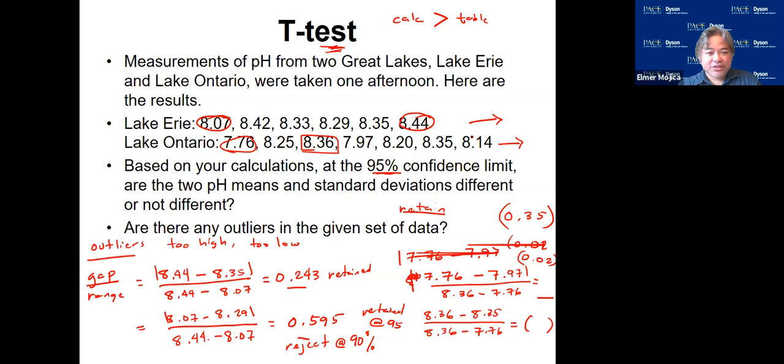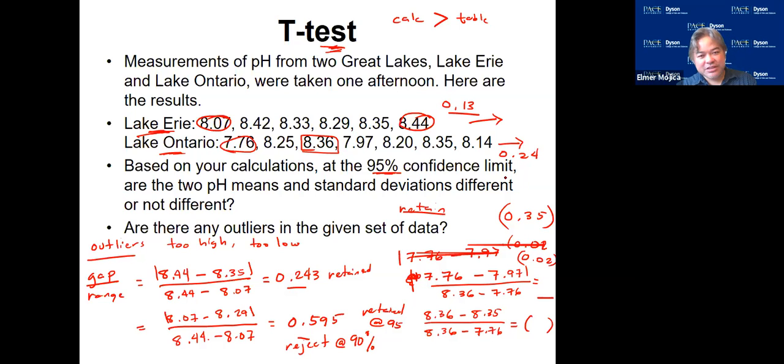And we can also say that the readings here are closer compared to the readings here. Why? The standard deviation for the first set is 0.13 compared to this one that is 0.24.